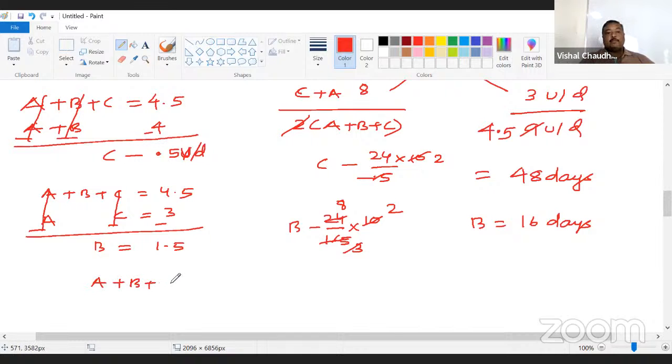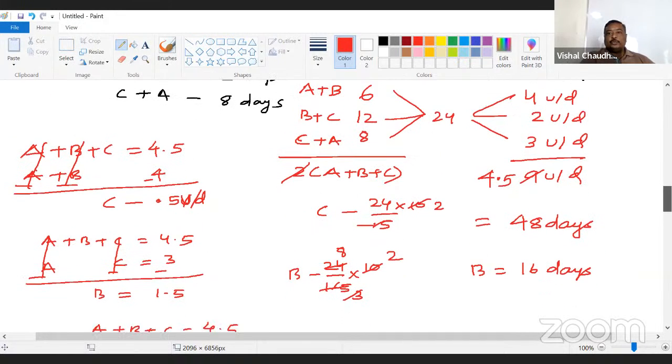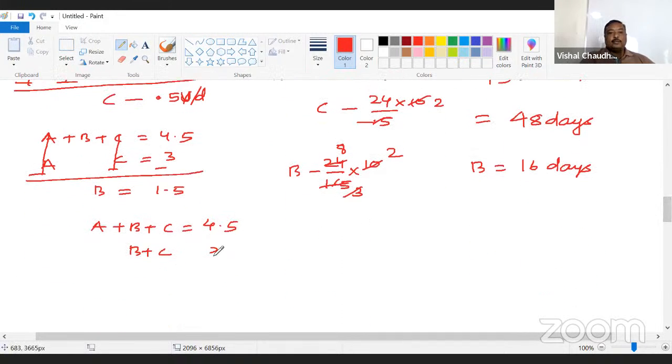If I want to find out how many days A will complete, so A plus B plus C completed 4.5 units. B plus C, it completed how many units? Just see, B plus C completed 2 units per day. So if I subtract, I will get A is completing 2.5 units per day.